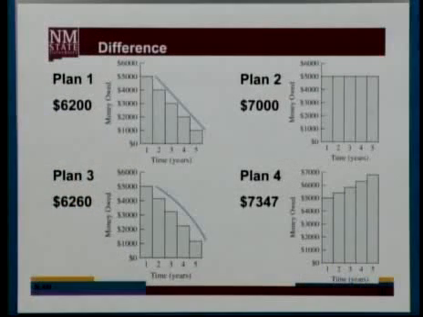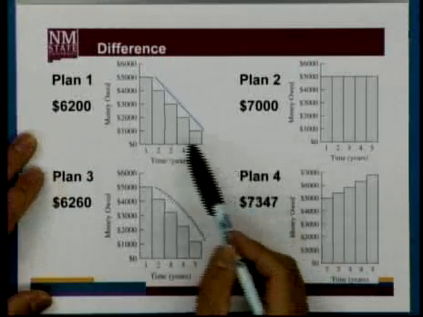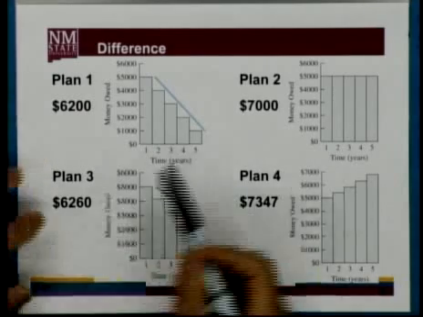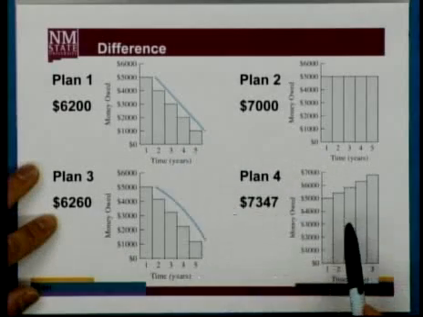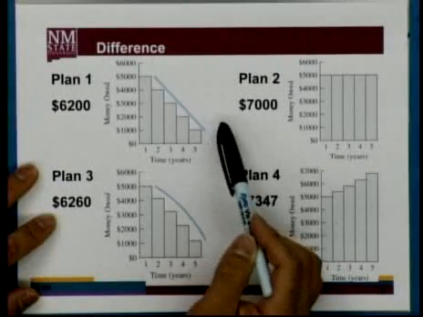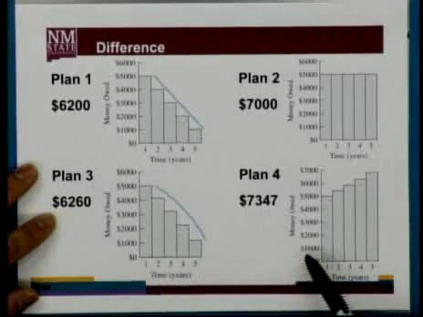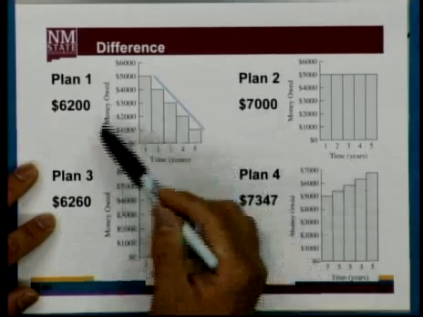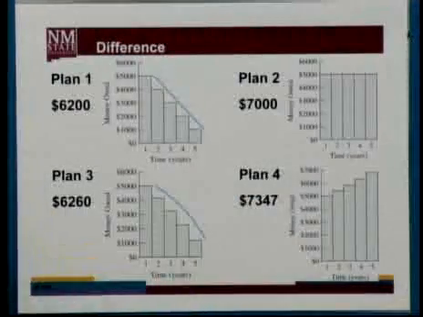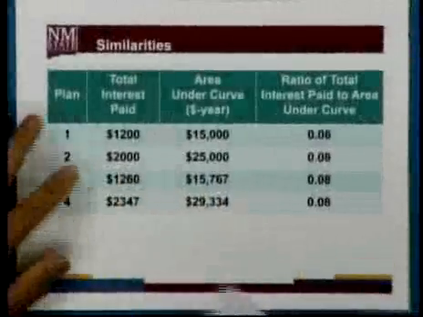And this graph shows the end of year payment schedules for the 4 different plans. As you can see here, the 4 plans are different in their repayment structure, that is, the repayment amounts at various points in time. And the total payment amounts are different as well. So what are the similarities?